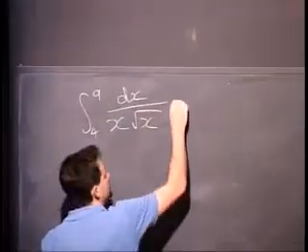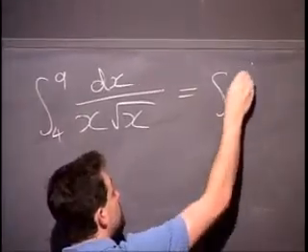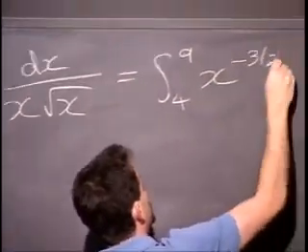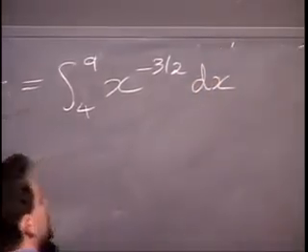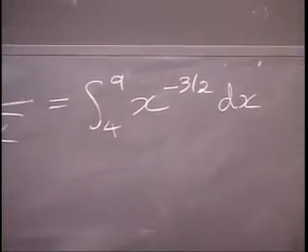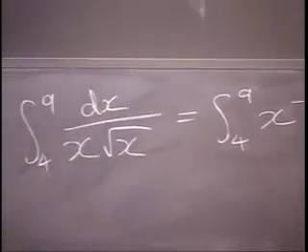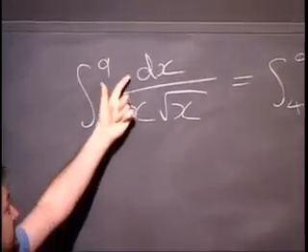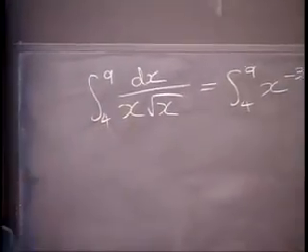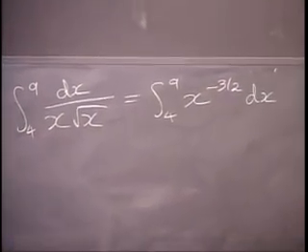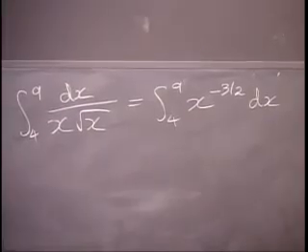Well, the trick here, it's not much of a trick, is to write the integral as x to the minus 3 halves dx. The integrand is x to the minus 3 halves. Make sure you believe that x to the minus 3 halves is the same as 1 over x root x. It's just straightforward index notation, but you've got to be able to do that.